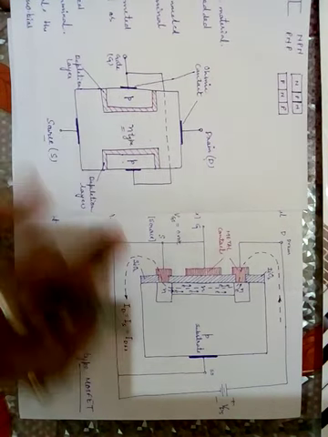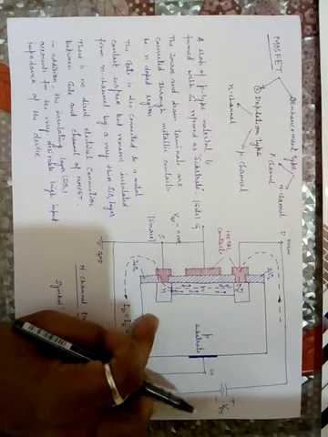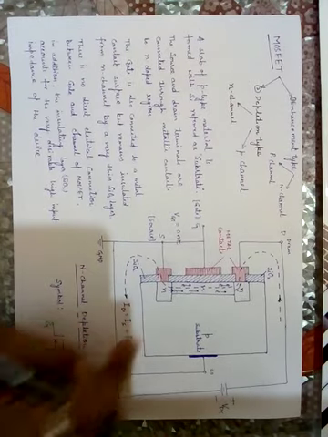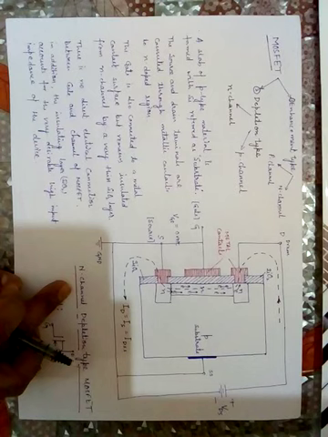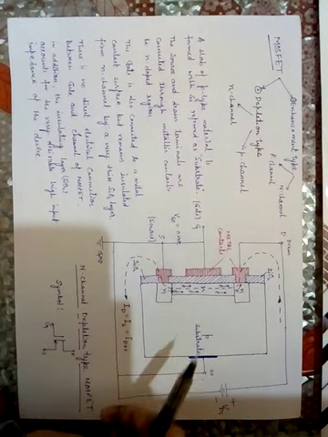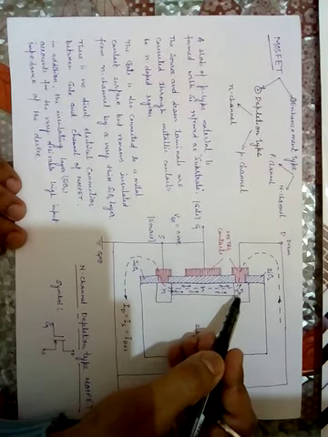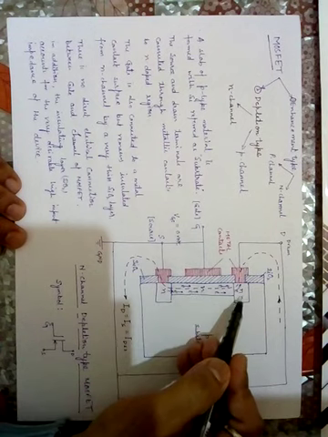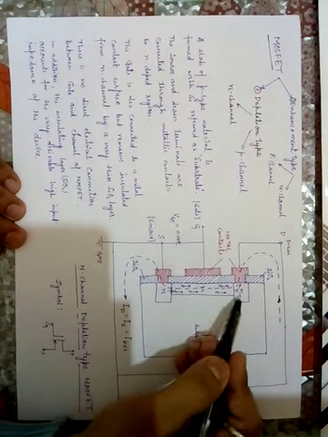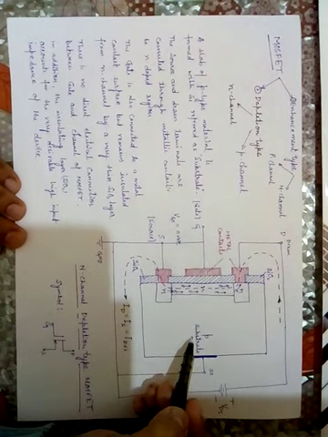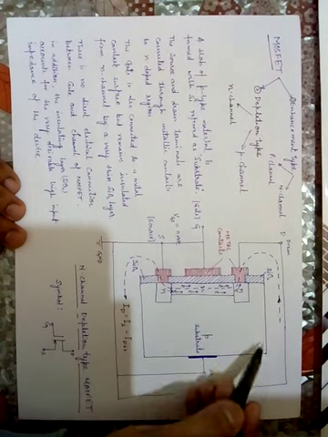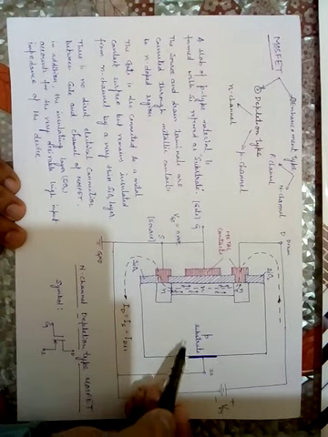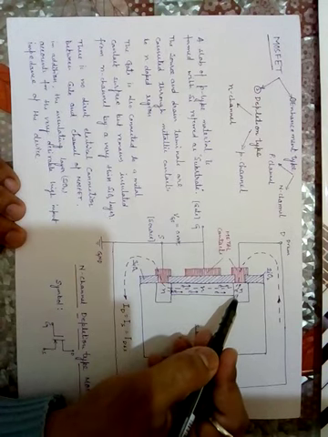But if we see the construction of this MOSFET, this is a depletion type N channel MOSFET. It is already an N channel, but the channel is on the left side, and the channel has been created above the P substrate. The P substrate covers a lot of area, and then I have created the N channel here.